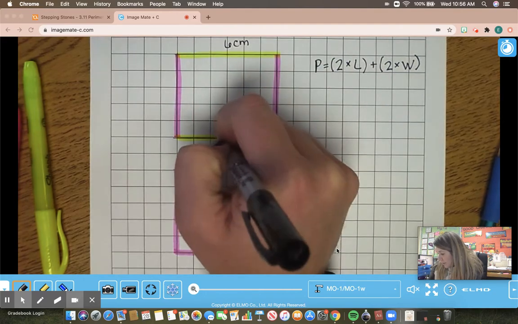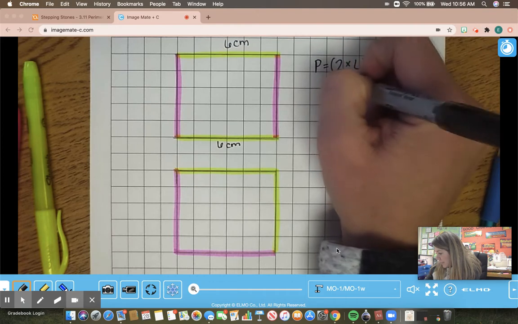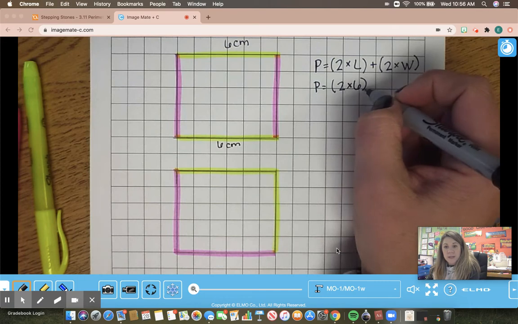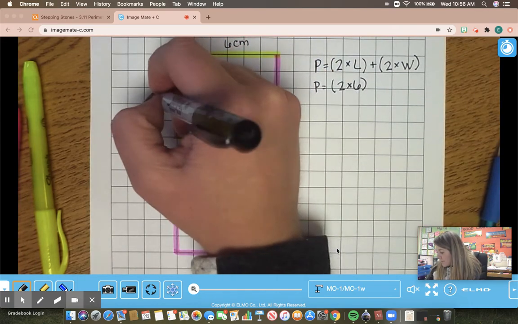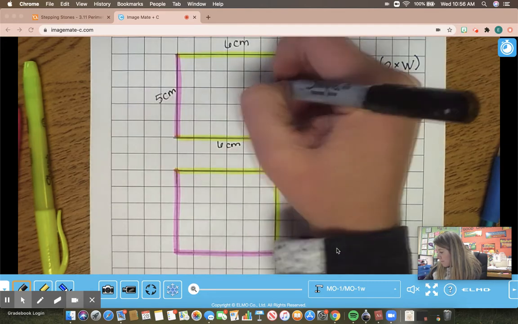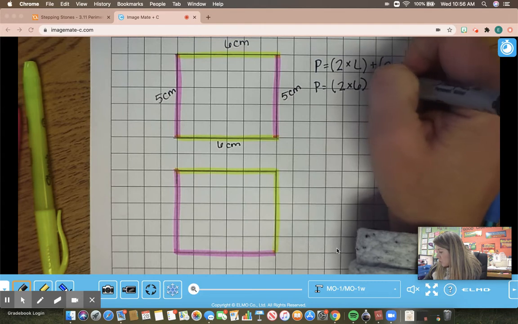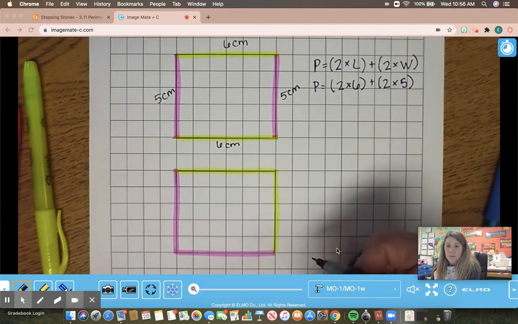So then I know down here is 6 centimeters. 2 times 6, because it's 2 groups of 6. My width is 1, 2, 3, 4, 5 centimeters. So I would add 2 times 5, right?